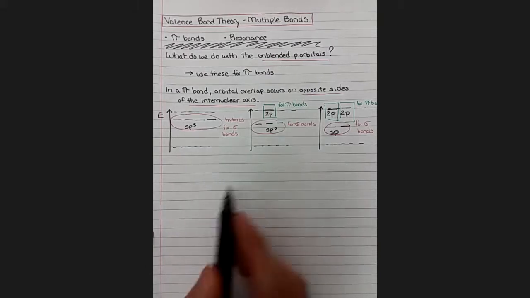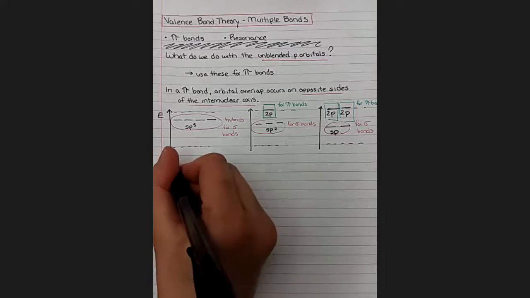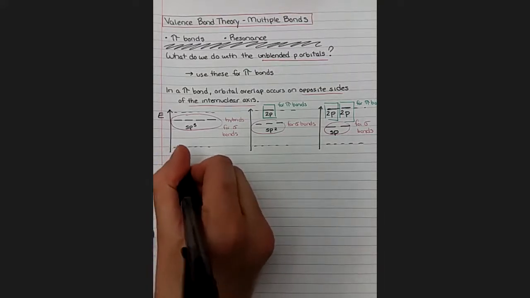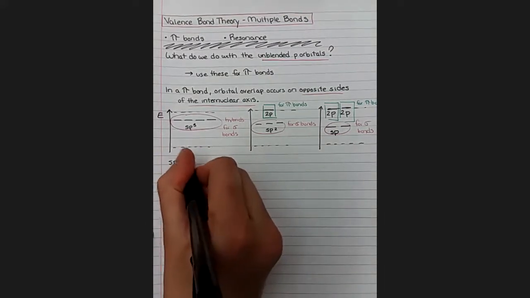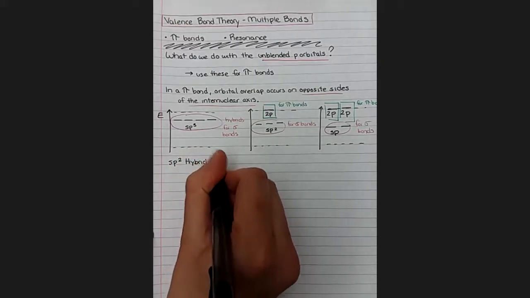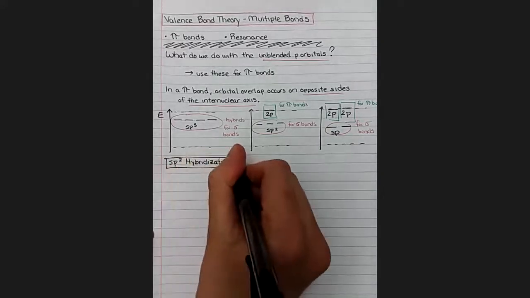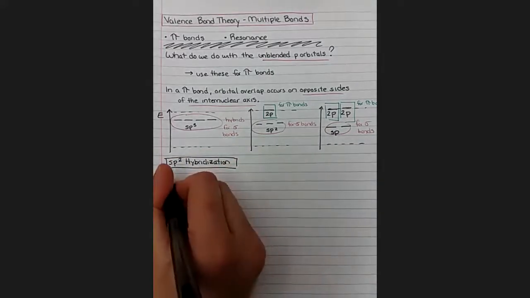So let's look at some more examples of these two types of hybridization, specifically the ones that had p orbitals available. So we'll start with sp2 hybridization.